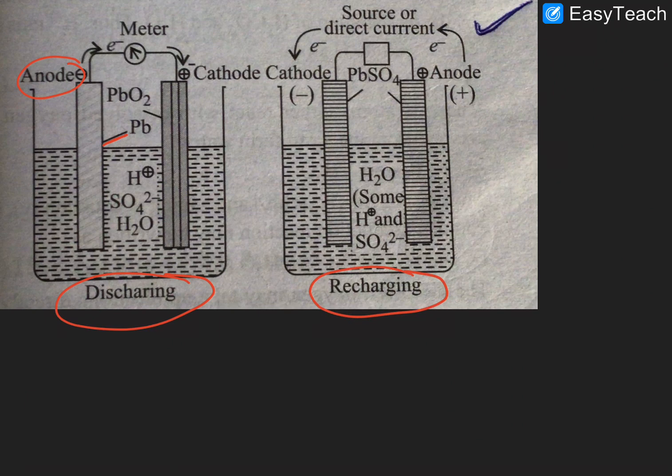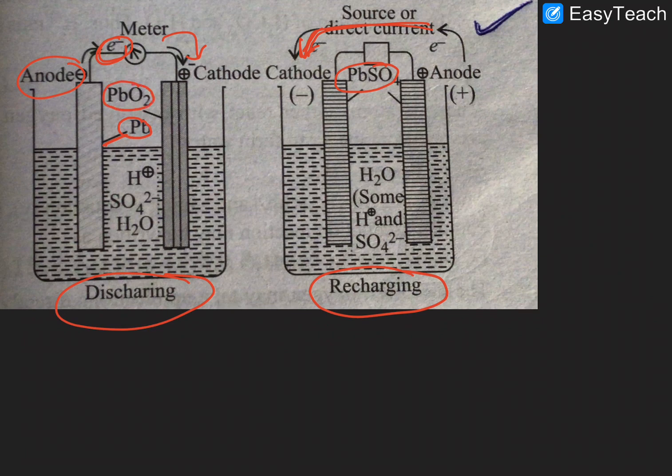Here again, recharging is exactly opposite. So this acts as lead sulfate, and observe one thing: the electrons flow in this way during discharge, and whenever recharging, the electrons flow in the opposite way. I hope it is clear.